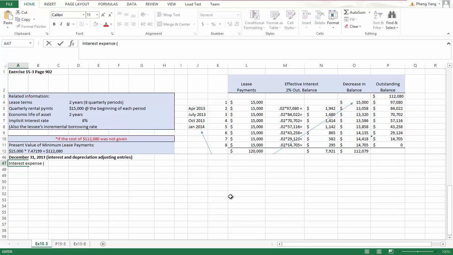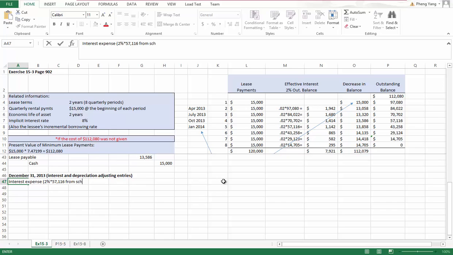Because the payment's not due until January 1st, we can't record it as a regular payment, but we have to record it as an adjusting entry. So it's going to be that 2% times 57,116 from the schedule. That's going to equal 1,142 right here. Then my interest payable will be for the same amount.